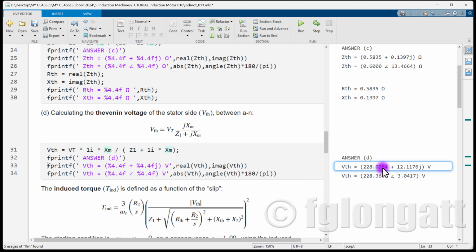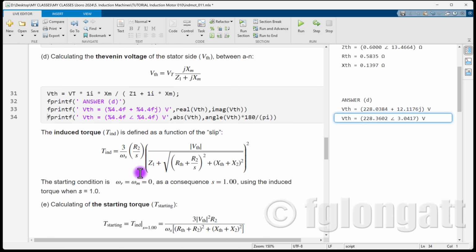As you can see, we have a Thevenin voltage. This is a complex number. On the top, you can see the rectangular representation, and here the polar representation. Using the polar representation, the Thevenin voltage is 228.36 volts, and the angle is 3.0 degrees.